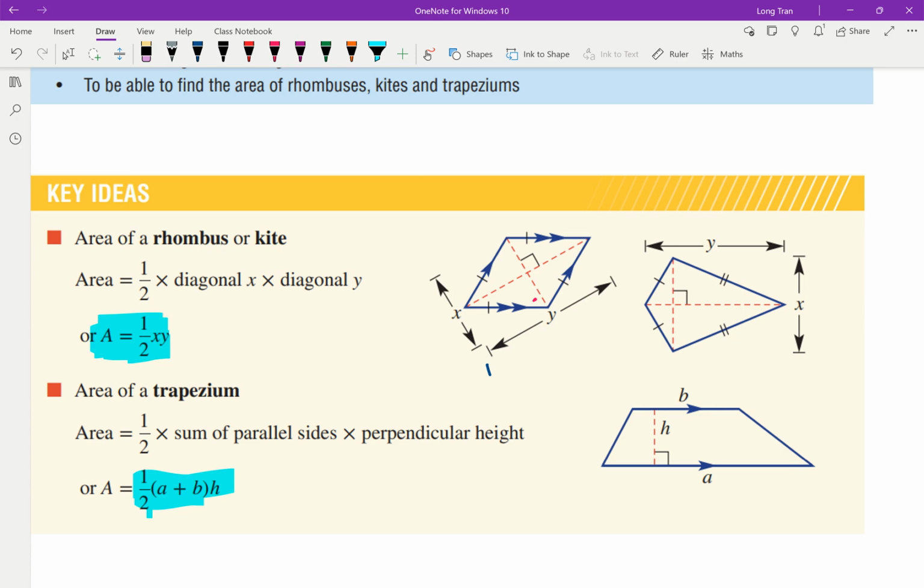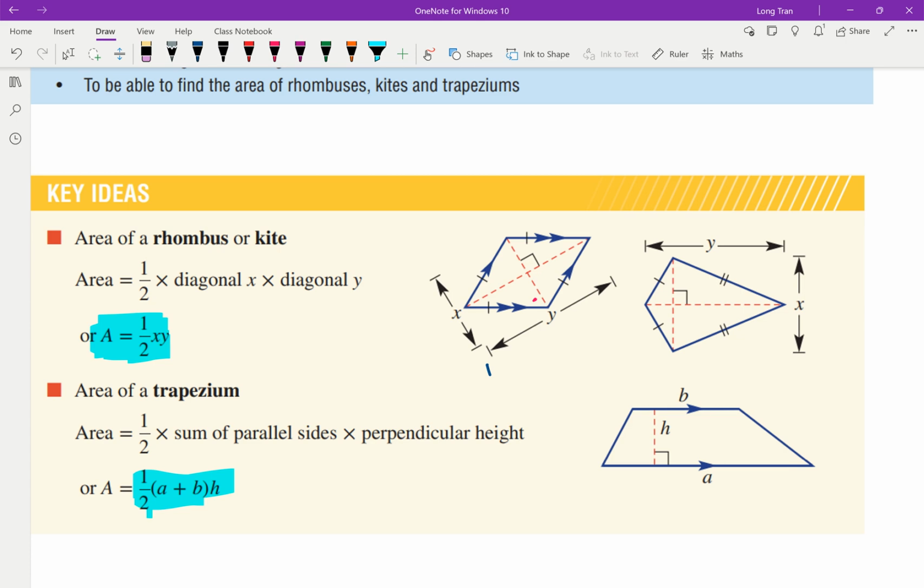And we shall go. Here's an X. Here's a Y. Exercise 4D. Two formulas, 3 shapes.